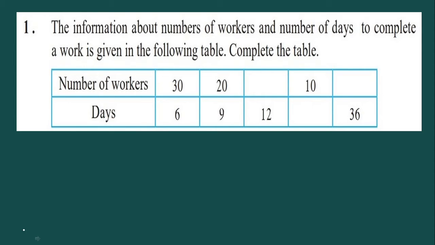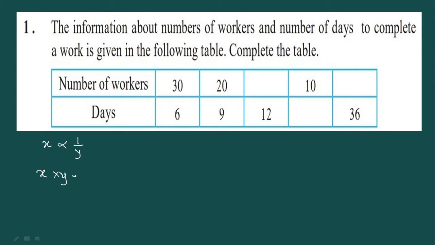So here we will consider the number of workers as x, and we will consider the days required as y. So what will happen? x will be inversely proportional to y. We know that. What will be the equation then?